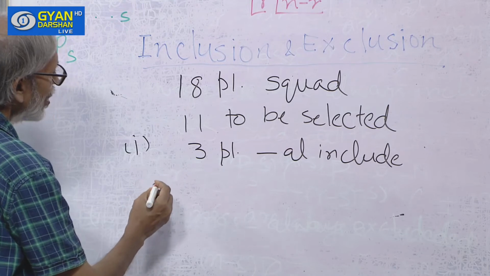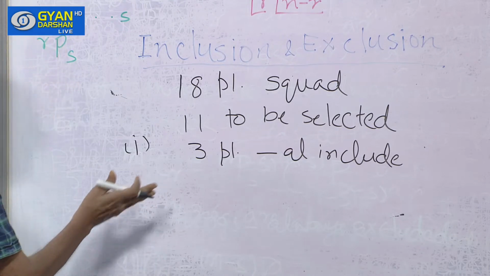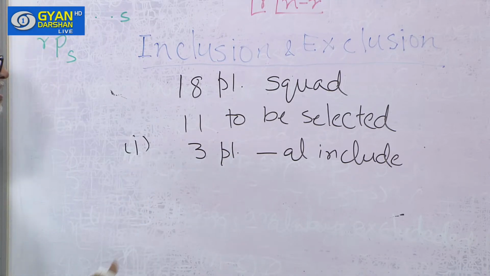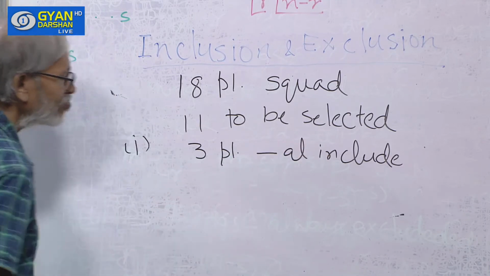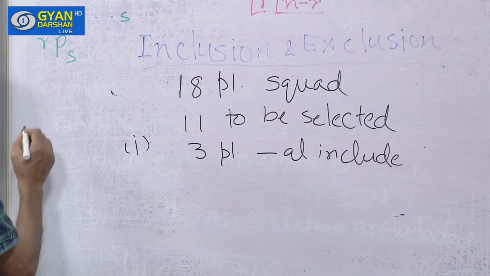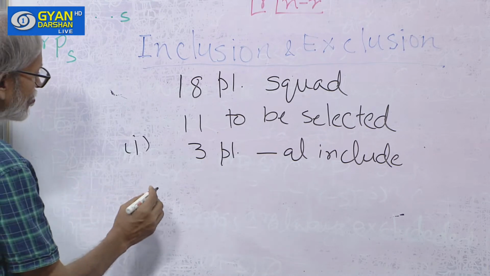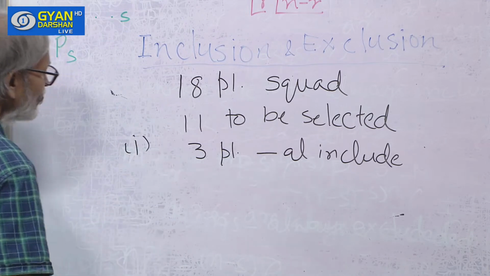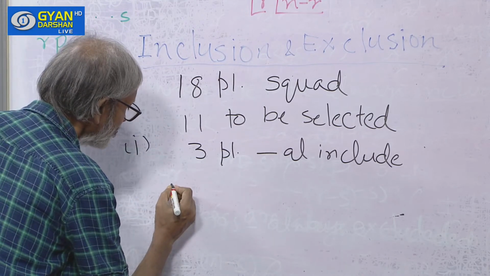We will first select the 3 players which are anyway to be included, and then the remaining players will be 15.